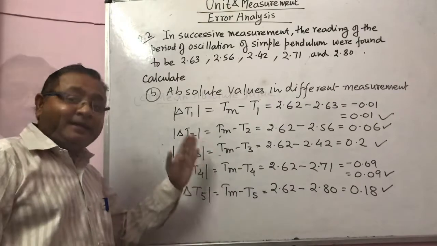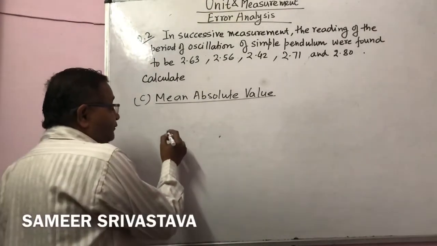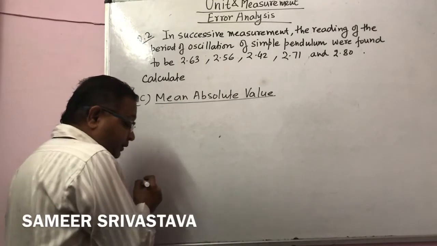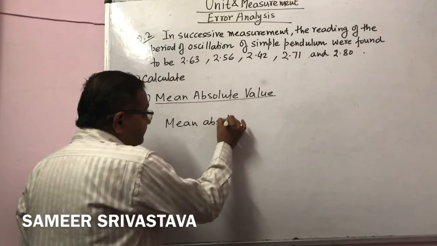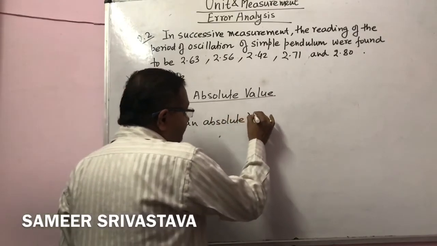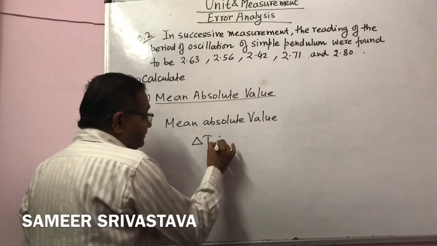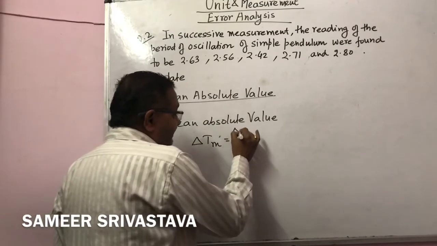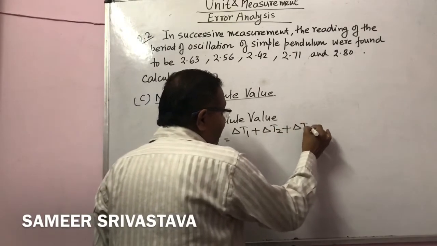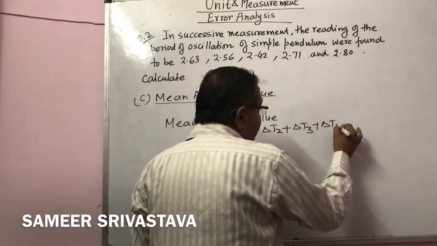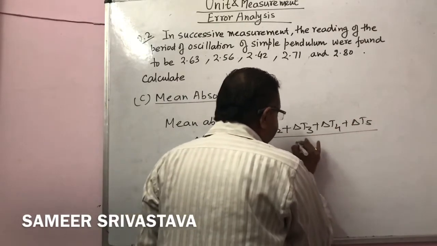Now I am going for the third case, the mean absolute value. Now here we have to find the mean absolute value, that is delta Tm. We can write delta T1 plus delta T2 plus delta T3 plus delta T4 plus delta T5 upon 5. Put the values.